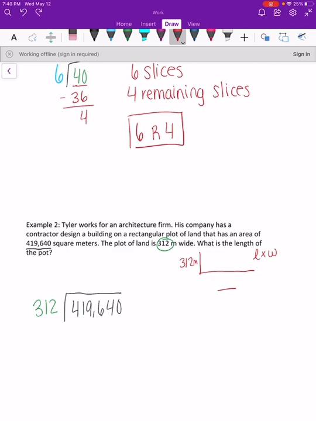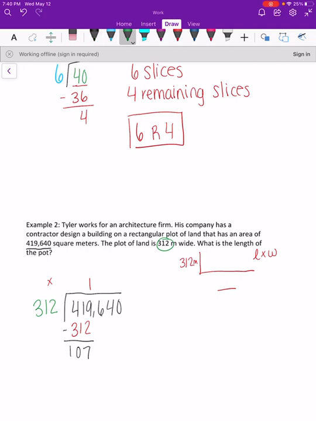So 312 goes into 419 one time. Then 1 times 312 is 312, and we need to subtract 419 minus 312. Let's see, 9 minus 2 is 7. 1 minus 1 is 0. And then 4 minus 3 is 1. And so we get 107.